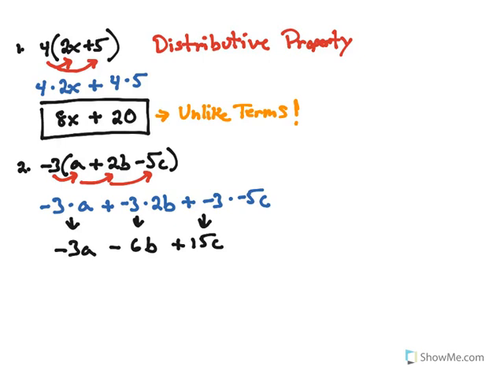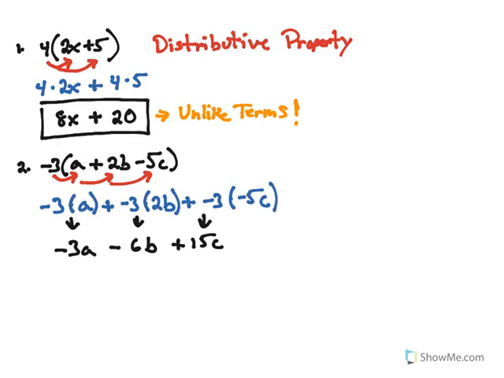Okay, so let's make sure we understand that we're multiplying negative 3 times a, negative 3 times 2b, and negative 3 times 5c.